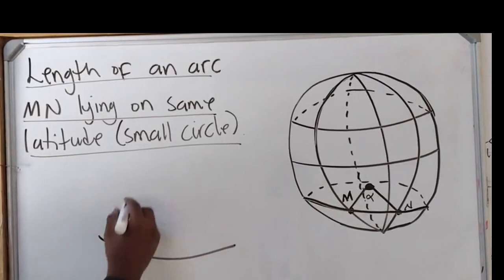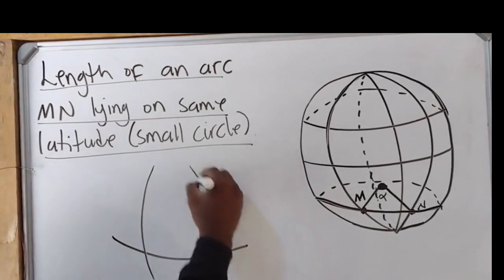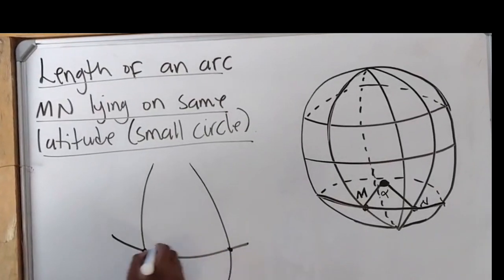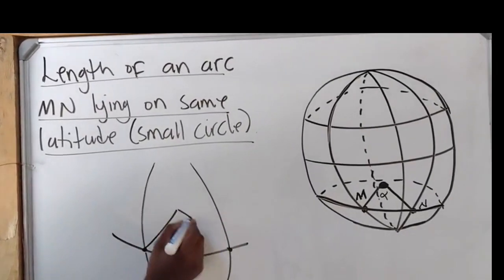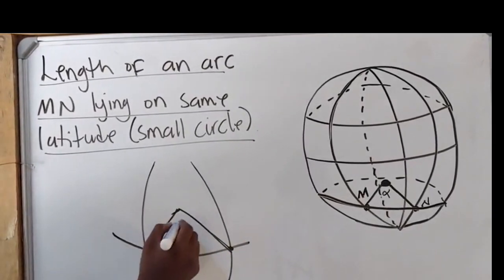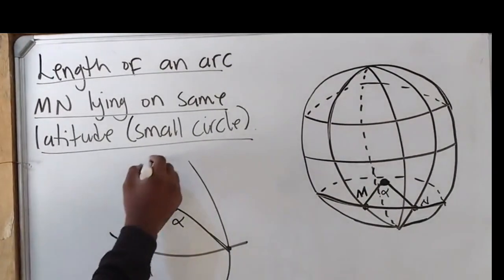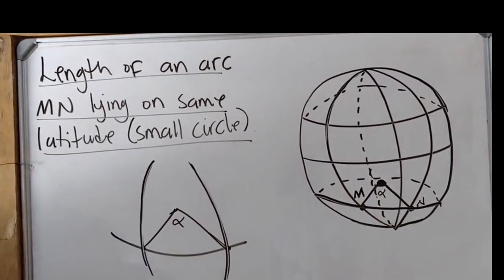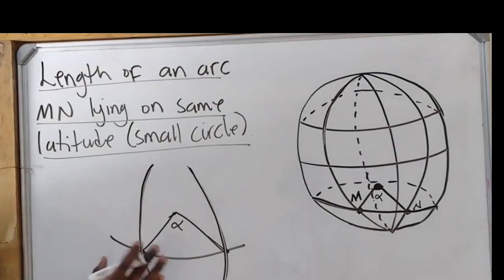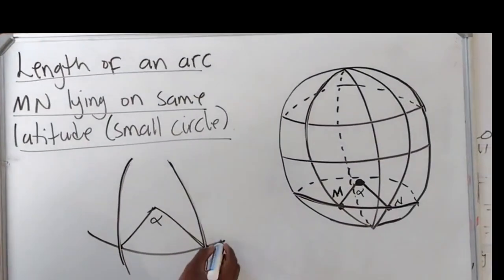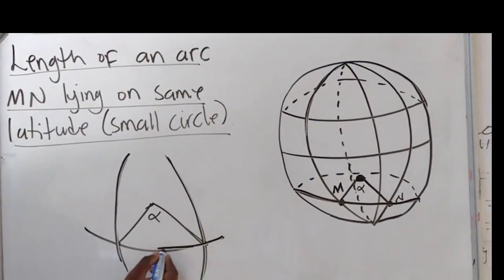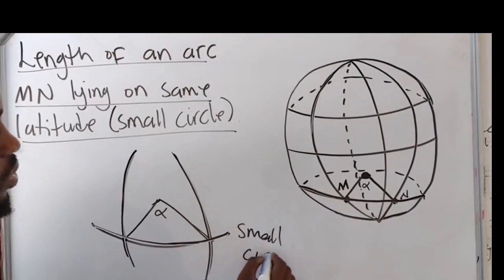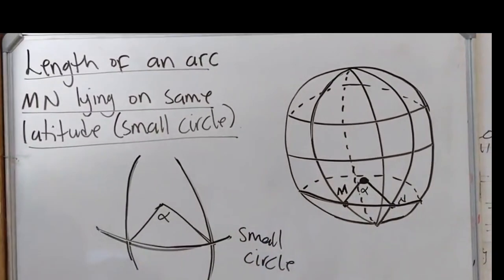So these 2 points on the longitudes are passed like this. Then there is an angle which is subtended there. This is alpha. This angle is the difference in longitude. Remember, this is the line of latitude, which is a small circle.